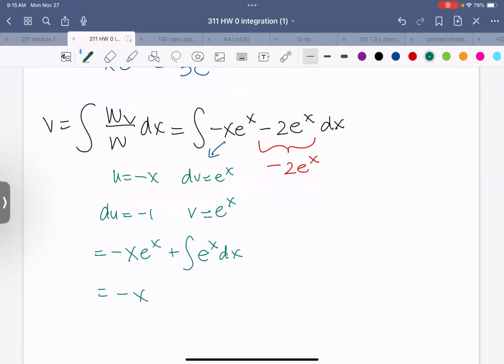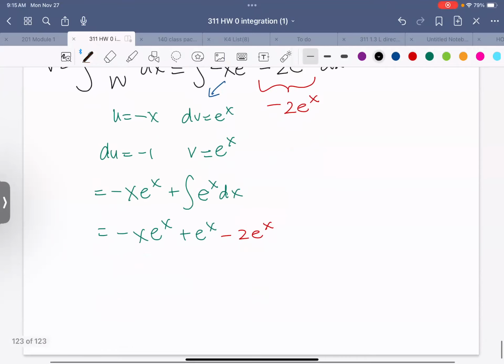And so this gives me negative x e to the x plus e to the x. And then bring the red one back, so minus 2 e to the x. It's got to be a sign right there, Tori. You see it? Okay. And so you end up with negative x e to the x plus, nope, minus 1 e to the x.